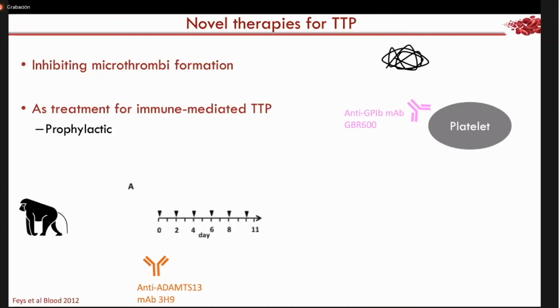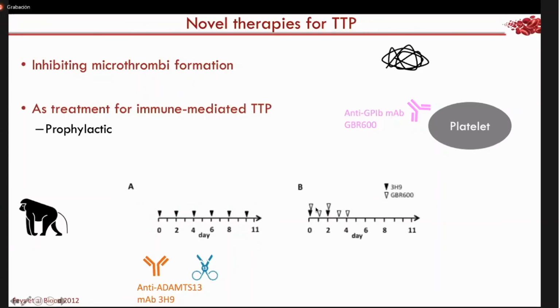So as I explained, we took baboons again and we injected them with the antibody that blocked ADAMTS13 function. So we created deficient ADAMTS13 in the baboons, but now not only for 2 days, but for up to 10 days. And we first checked, can we prevent TTP?